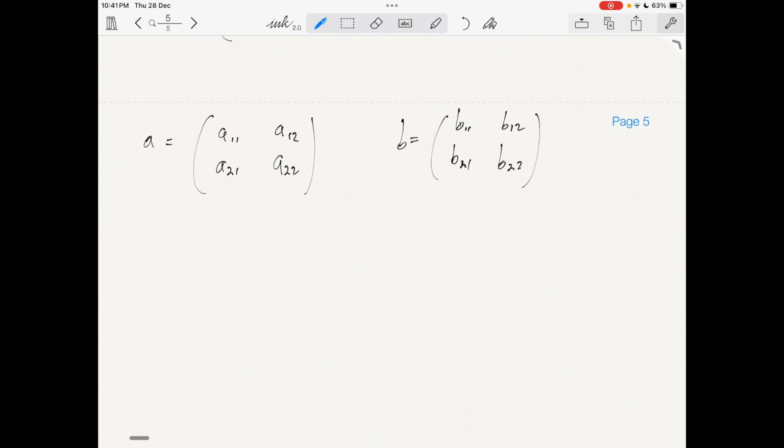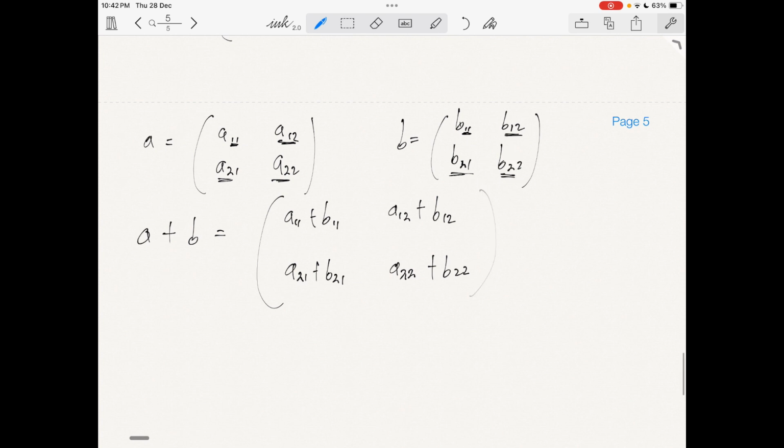Now we want to perform the matrix operation A plus B. That means we add the first row, first column elements together, which gives A11 plus B11, and then the first row, second column elements, which gives A12 plus B12. We do the same for the ones left: A21 plus B21, A22 plus B22.